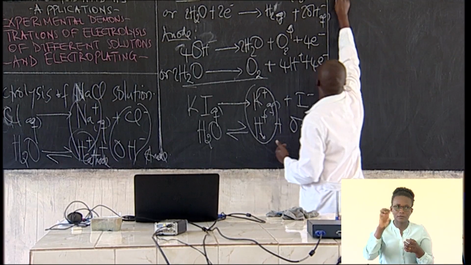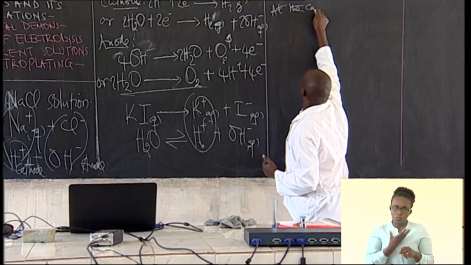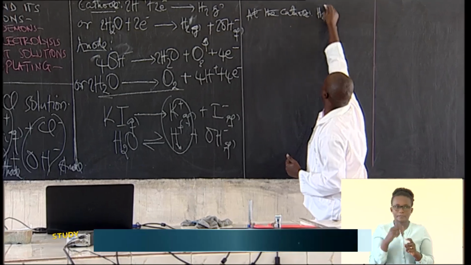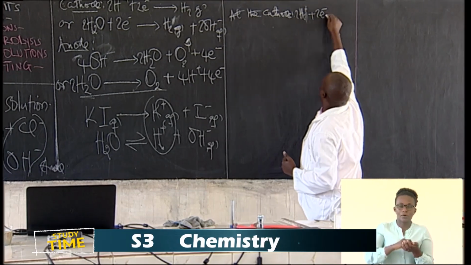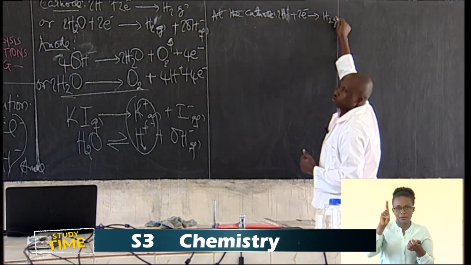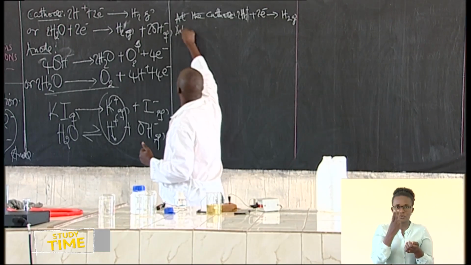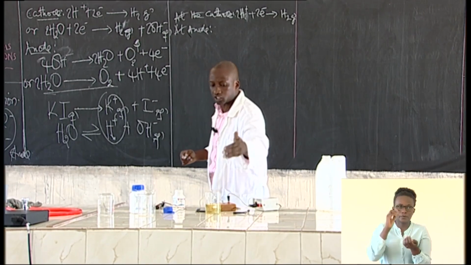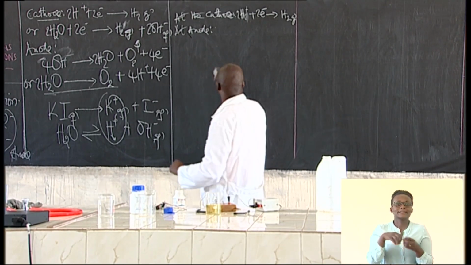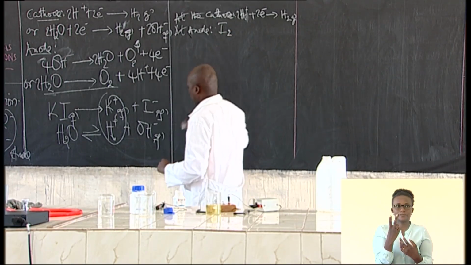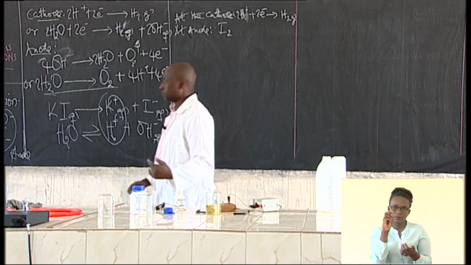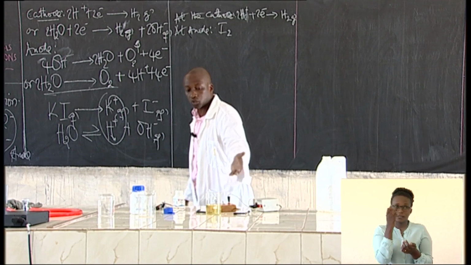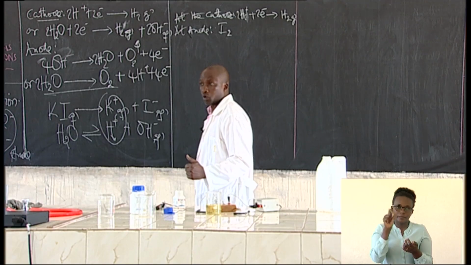So at the cathode, we have the hydrogen ions gaining electrons, that is the reduction, to form the hydrogen gas. Then at the anode, we see this brown yellowish substance. So that is iodine being discharged, in preference to the OH ions, because this solution is likely to be concentrated.